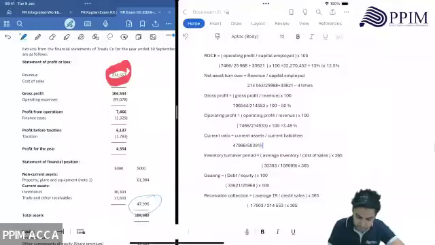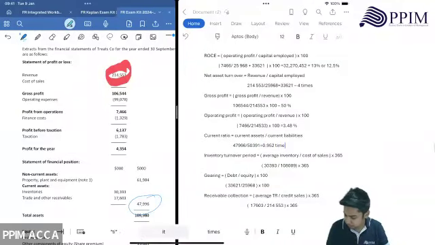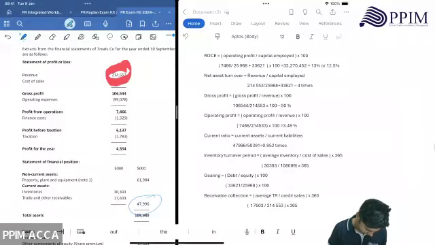Current ratio, guys, how much? Is it 0.95 times? Okay.